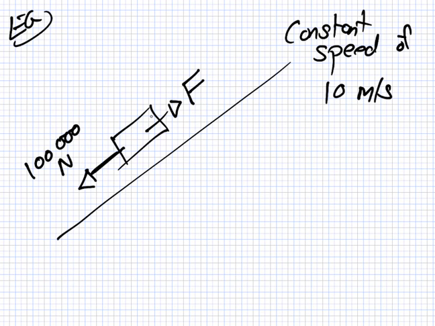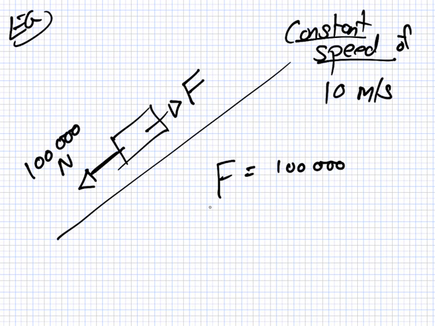Okay, so what I would like to know is the force. Well, no, that's too easy. Or is it? No, the power. Let's get the power of the engine. What do I know about F? Why is it equal to 100,000? Because of the constant speed. We have another formula for force.